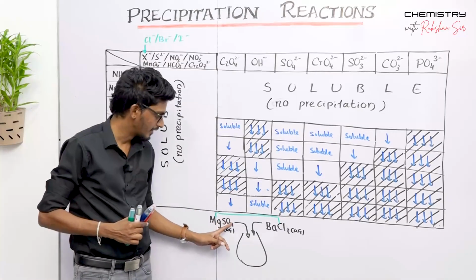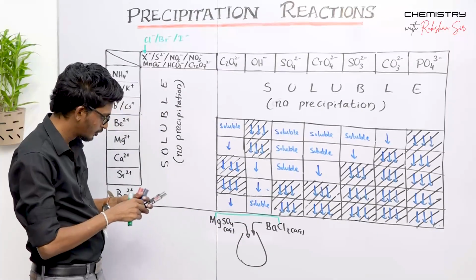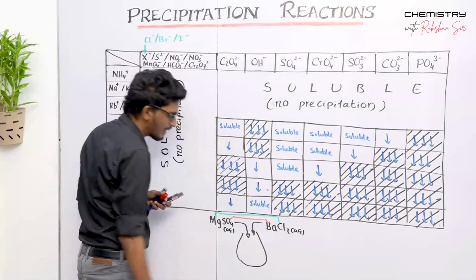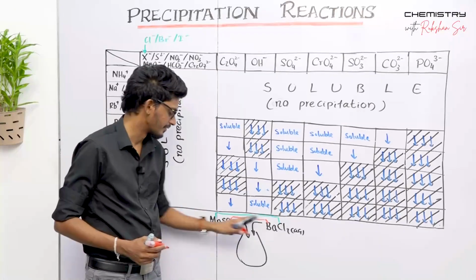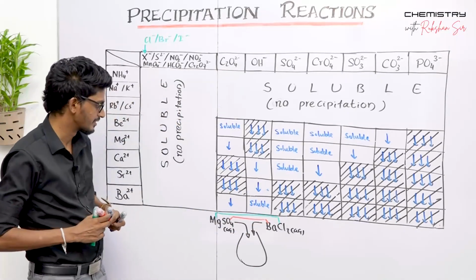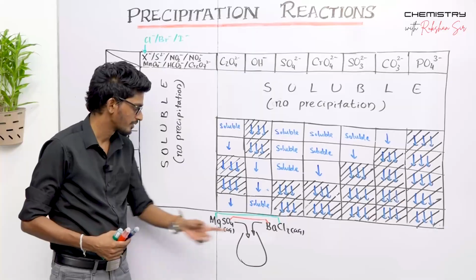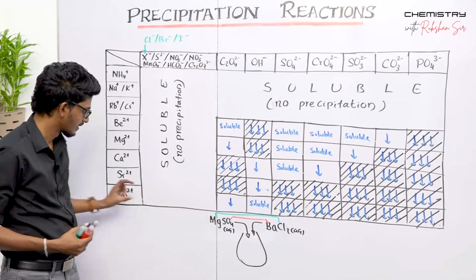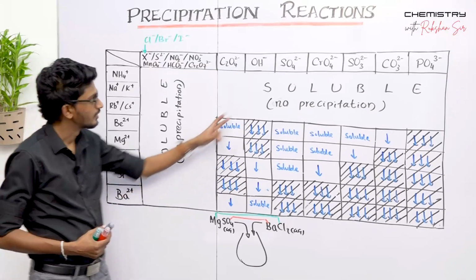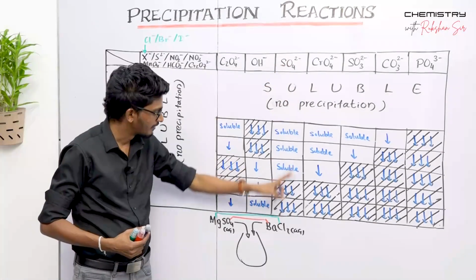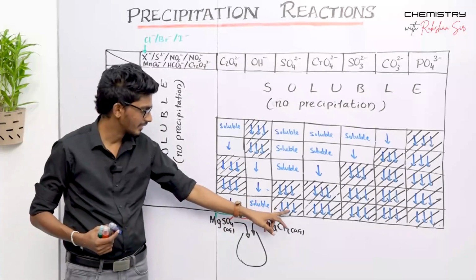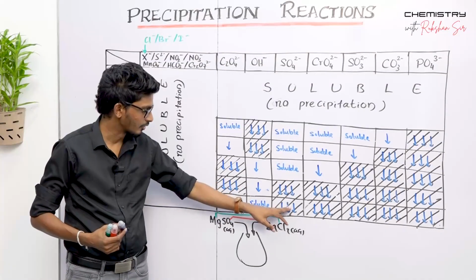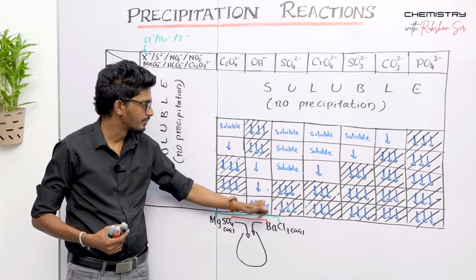Think of the other two ions, SO4 2 minus with the barium 2 plus. Always the cations and anions are the ones which will exchange. Barium 2 plus ion here, and the sulfate ion. You see the sulfate here. So sulfate and the barium 2 plus, you clearly see it stops here. That means it's a precipitate. This three-arrow situation denotes the precipitates.